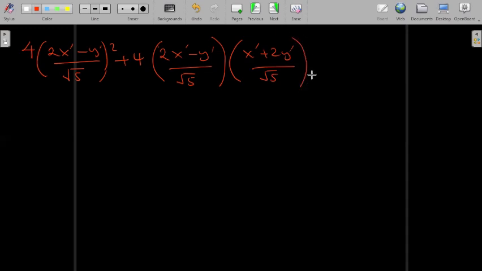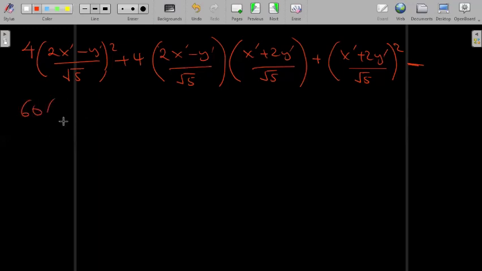Okay, so this is going to be easy. Then this is going to be plus, then I have a y squared. So that's going to be y prime plus 2y prime, then divided by root 5, then I square this. What's my next term? My next term has a minus first, then it comes 60.